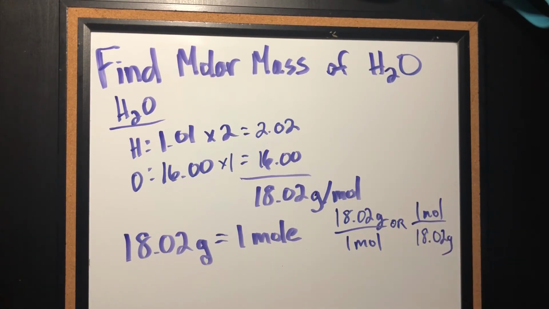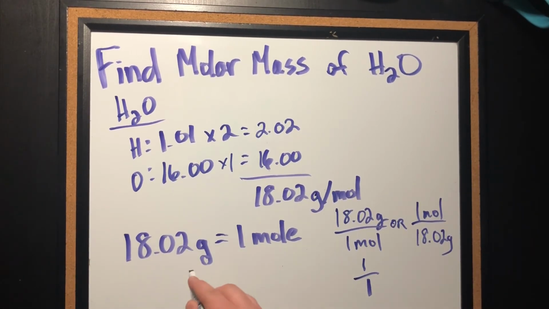Why do both of these fractions work? Because remember, these two things equal each other. Whenever you have something that equals the other thing, when you put it over a fraction, essentially, you're saying that you have 1 over 1 because they both equal each other, right?